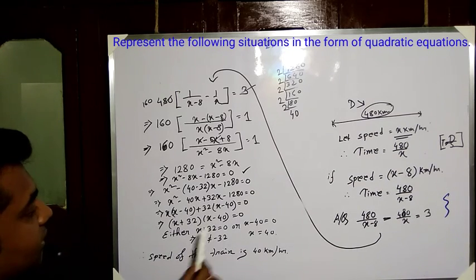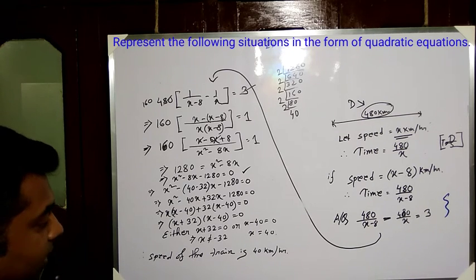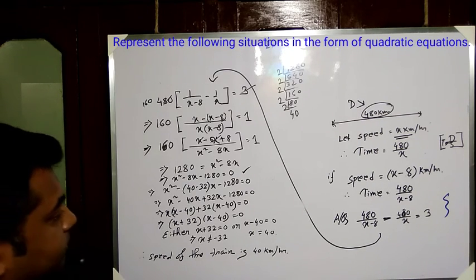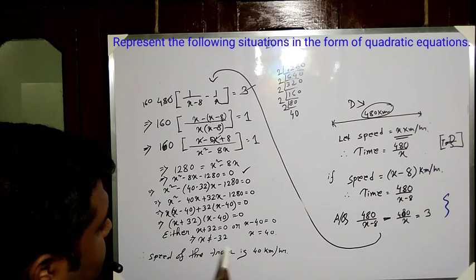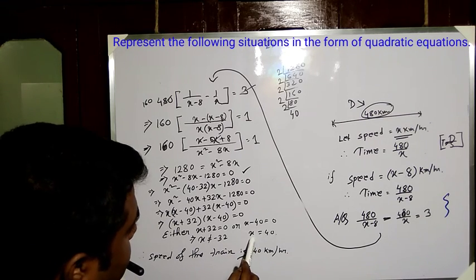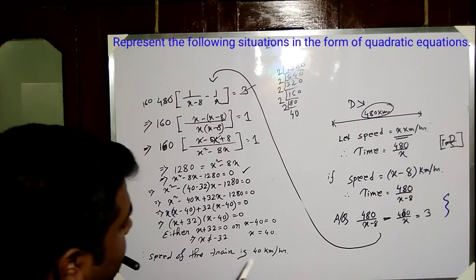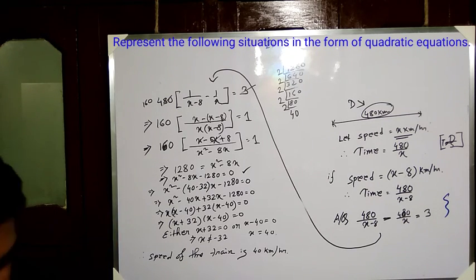So either x plus 32 equals 0 or x minus 40 equals 0, and x is not equal to minus 32. So definitely x equals 40. x minus 40 equals 0, so x equals 40. So definitely we can say the speed of the train is 40 km per hour.